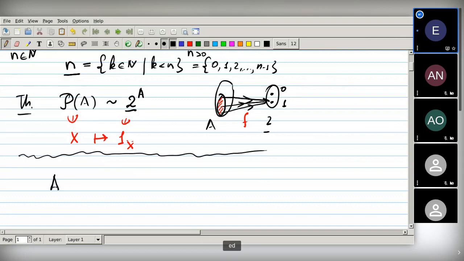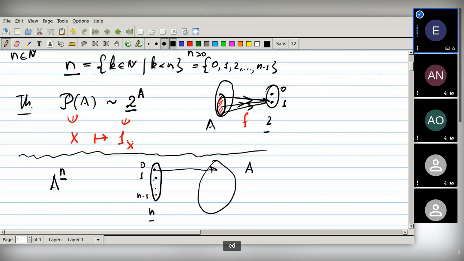What if we consider functions not from A to underlined, but from n underlined to A? These are interesting functions. A is some arbitrary set, whatever, while n underlined is, of course, a set of exactly n elements, all naturals starting from 0 up to n minus 1.